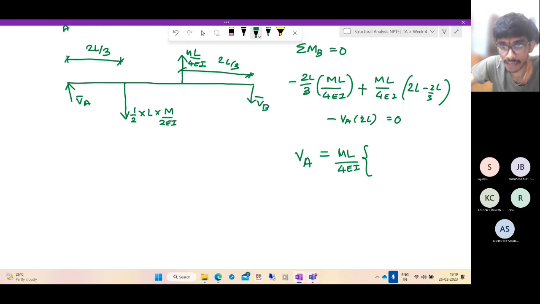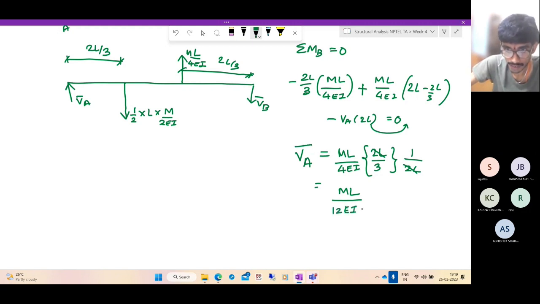And this you take it to this side. So you get ML by 4EI into 2L minus 2L by 3. And you have another minus 2L by 3, so into 2L by 3. And there's a 2L coming downwards. This cancels, you get ML by 12EI. So theta A is ML by 12EI.